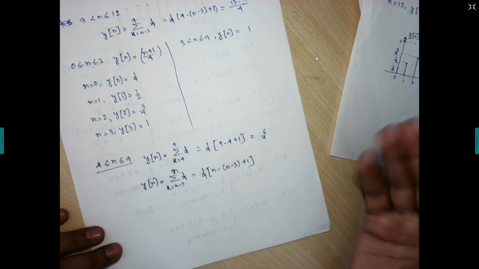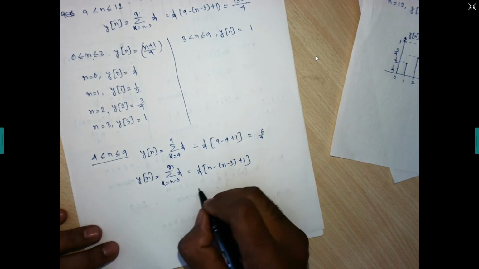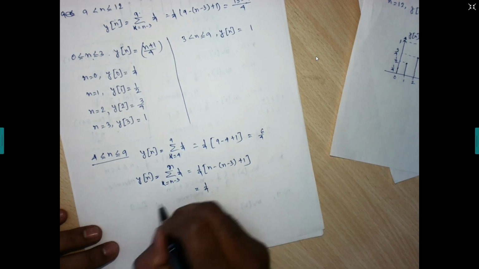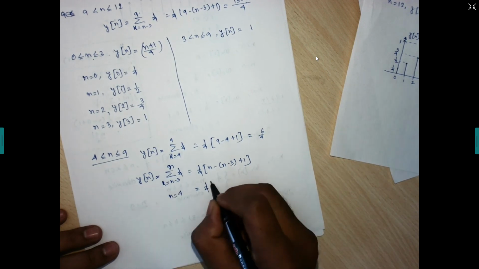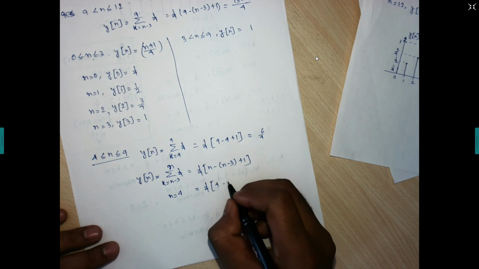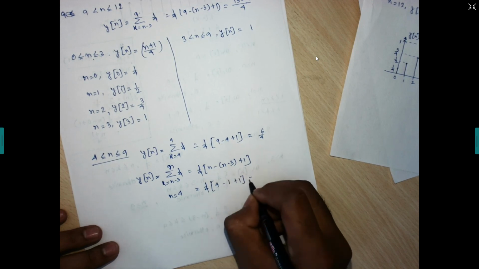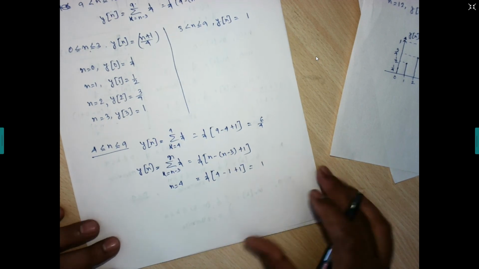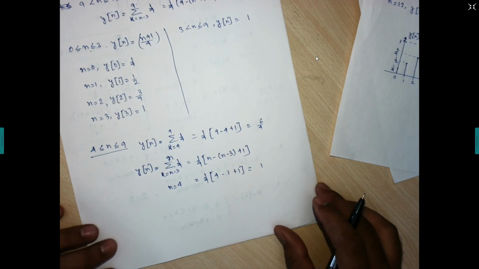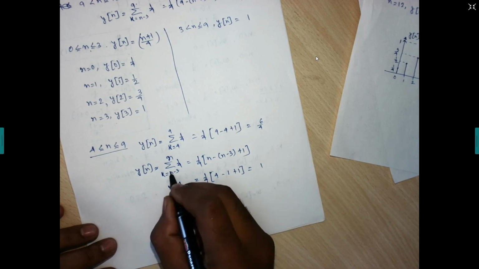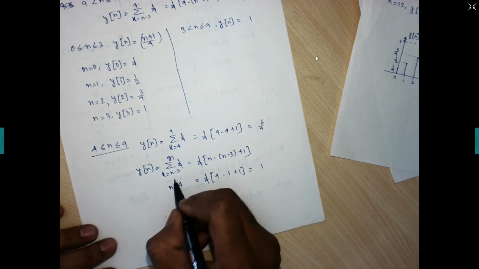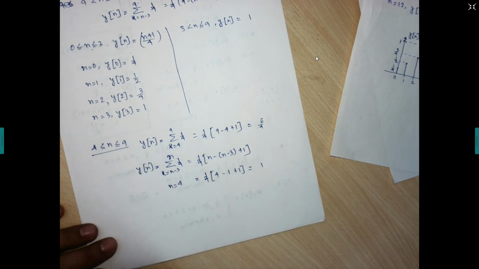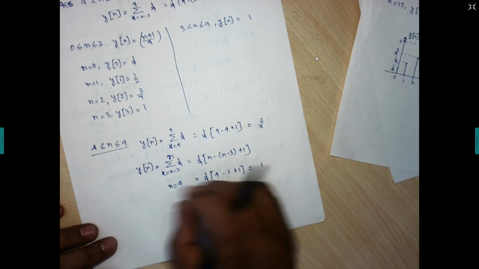Now let us take any value between 4 and 9. Let us consider 4. For n equals 4, we have 4 minus, what is that, 1 plus 1, 1. Clear? This is the range of k. So our n ranges from 4 to 9. Let us take any value in between.